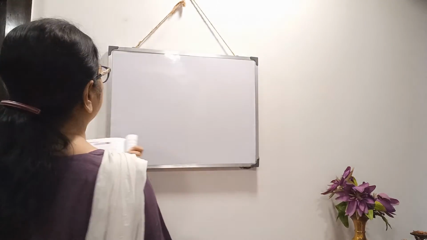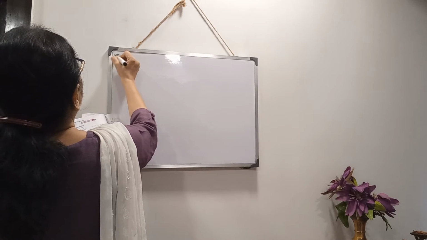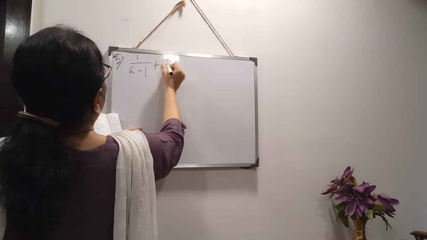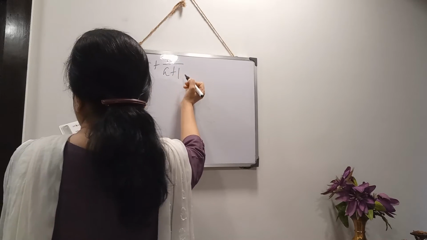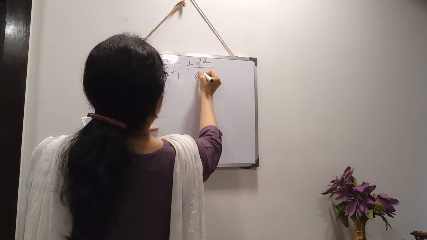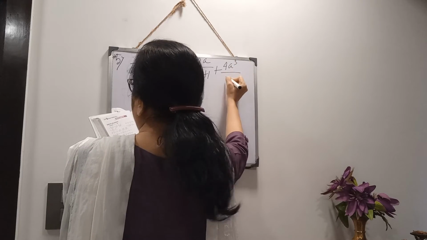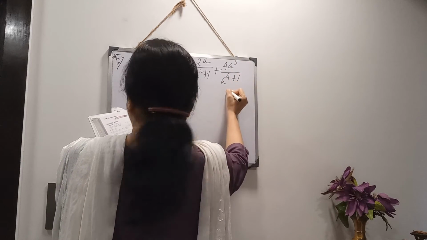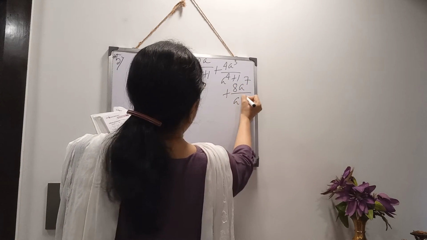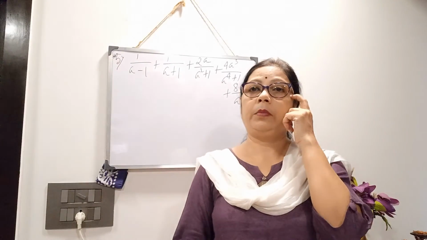See, it is important, you will give star mark. 1 by a minus 1 plus 1 by a plus 1 plus 2a by a square plus 1 plus 4a cubed by a to the power 4 plus 1 plus 8a to the power 7 by a to the power 8 plus 1. Okay, it may come in exam.